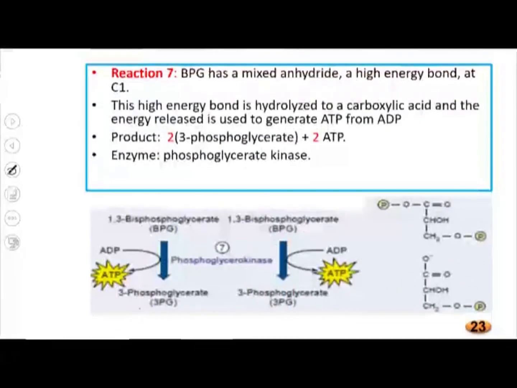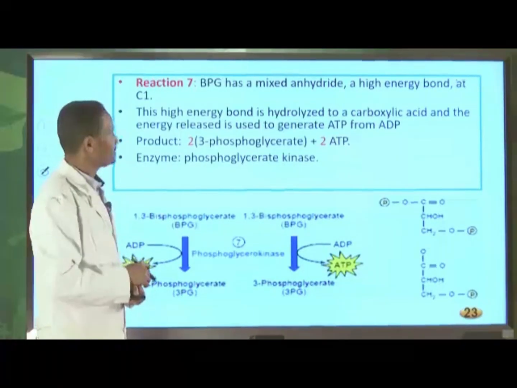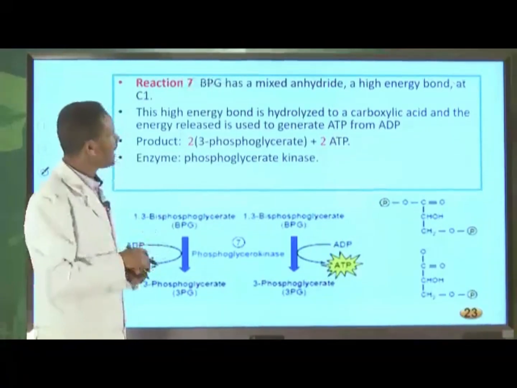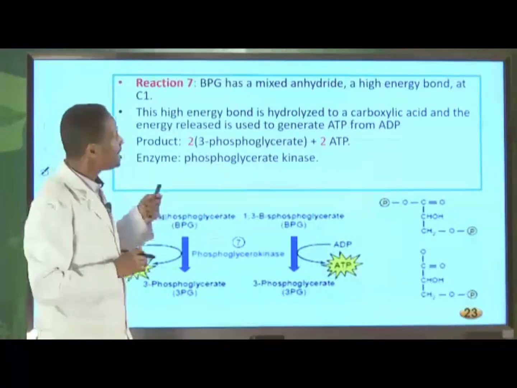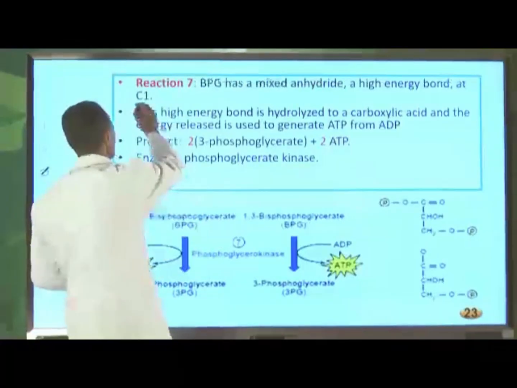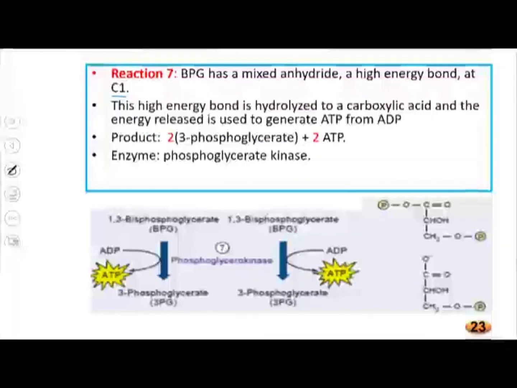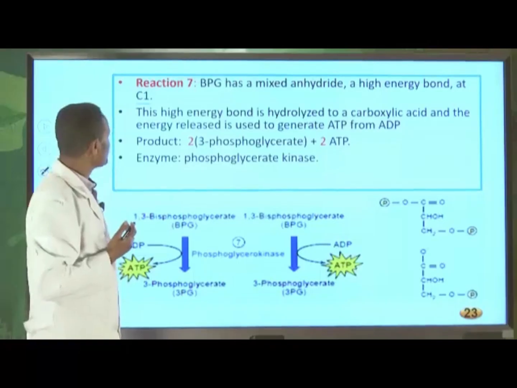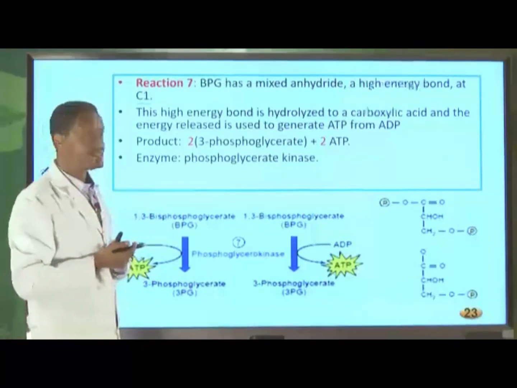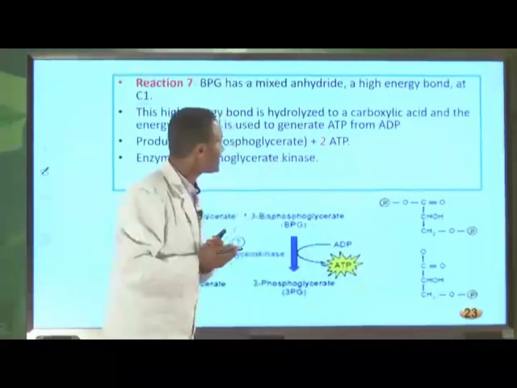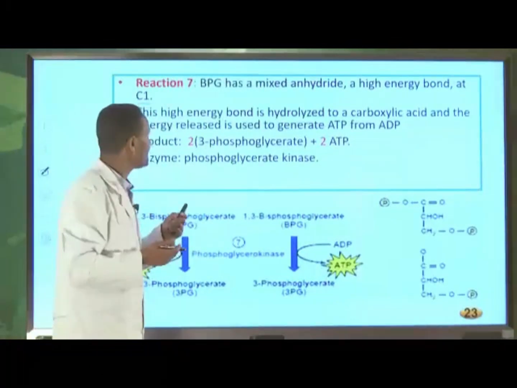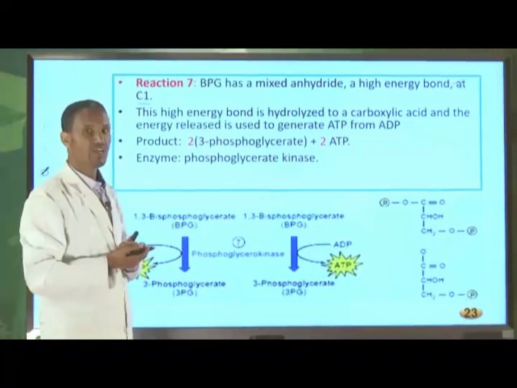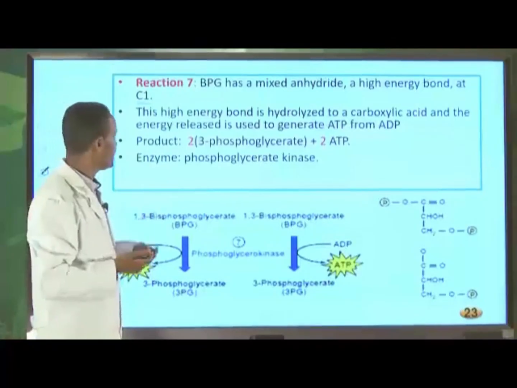In the 7th reaction, 1,3-bisphosphoglycerate is a mixed anhydride and has a high energy bond at its carbon 1. Therefore, this high energy bond is hydrolyzed, and the energy released is used to generate ATP from ADP and inorganic phosphate.